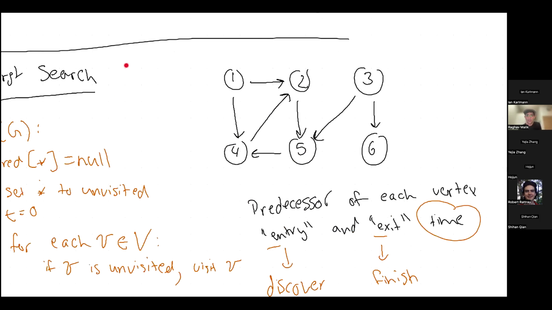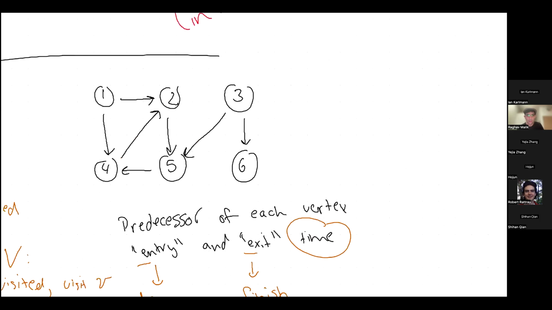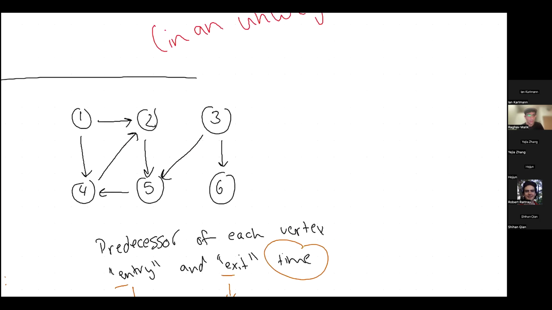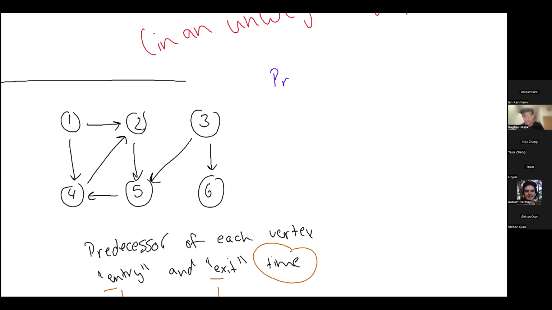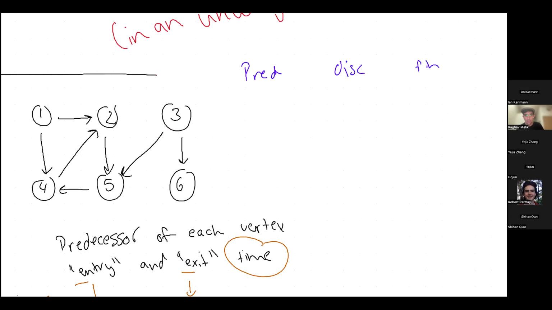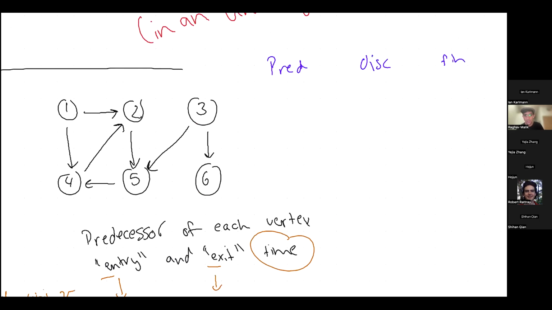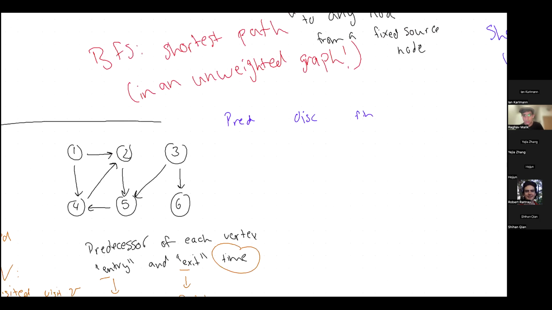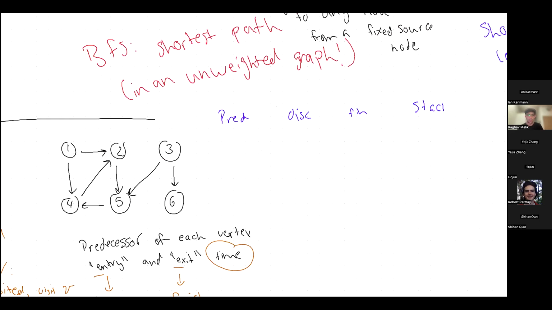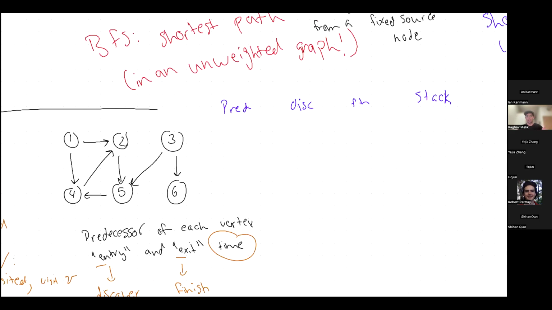We set the predecessor of everything. Let me keep track of the predecessor here, the discovery time, the finish time, and maybe I also want to keep track of the call stack. Because we have recursion, but I want an explicit call stack so that I don't forget what's going on.